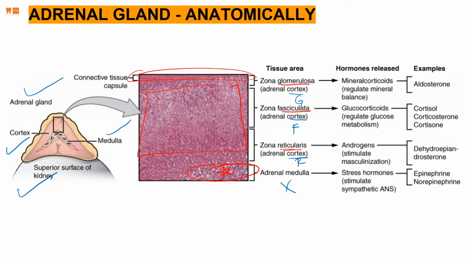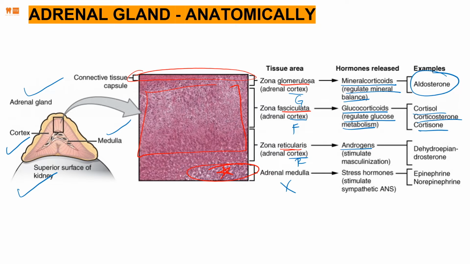Okay. Hormones released by glomerulosa, mineralocorticoids regulates minerals balance, known as aldosterone. Fasciculata, glucocorticoids regulates glucose metabolism, known as cortisol. Corticosterone and cortisone are other ways and other phases of cortisol.